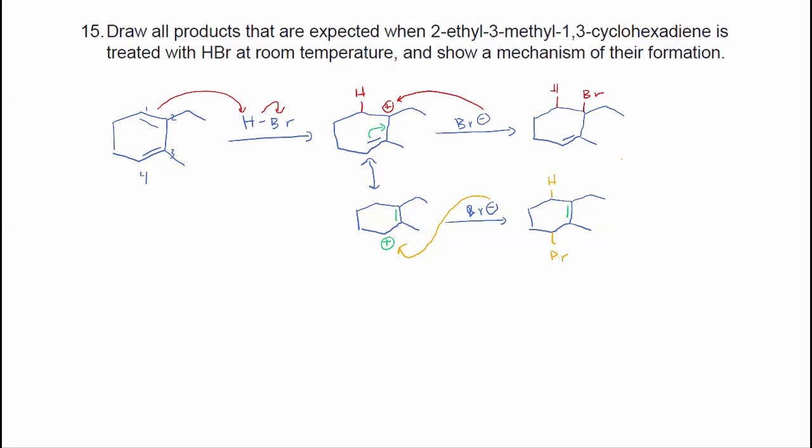And we get the 1,4. You can also get the products if you numbered in the other direction. So for your 1,2, you'd have the bromine here.